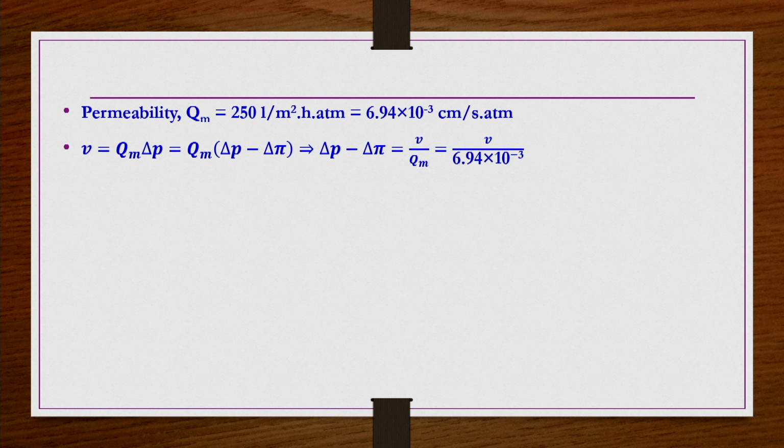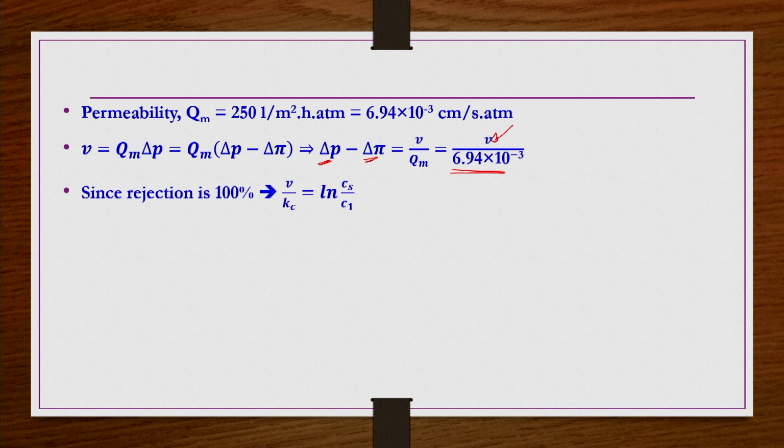V is the permeate flux that we have to find out, and Qm is the permeability, that is 6.9 into 10 power minus 3, that is again given. Okay. So, now in this equation if you wanted to find out V, you need to find out delta pi, you need to find out delta P also.